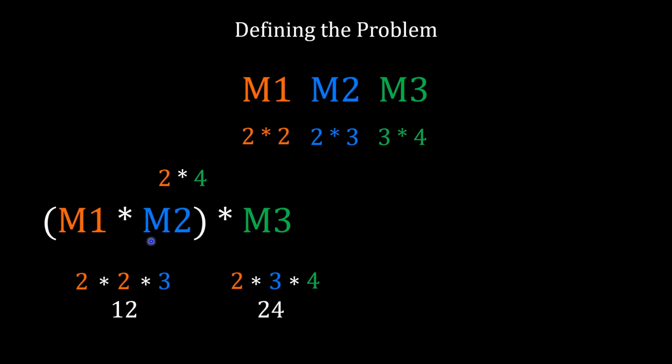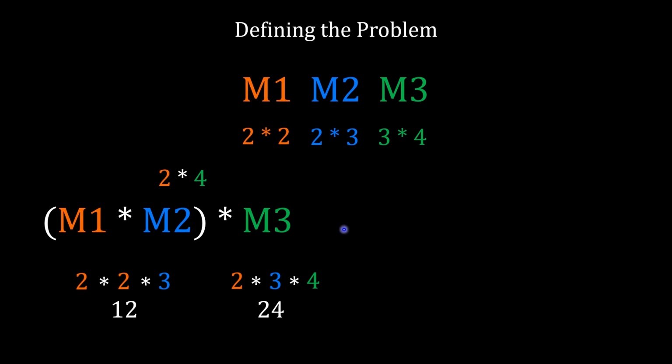The linking number between our resulting matrix for inside these parentheses here, and matrix 3 is going to be 3. So we can then multiply these together to get the number of multiplications overall.